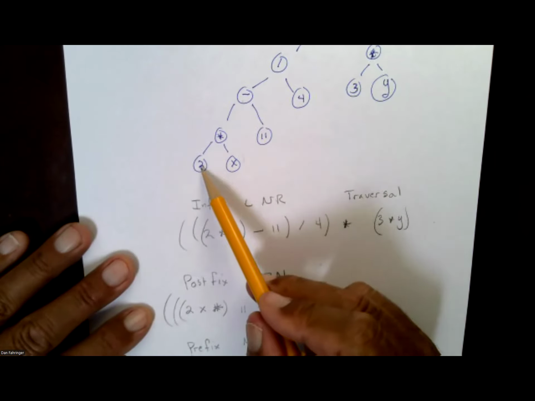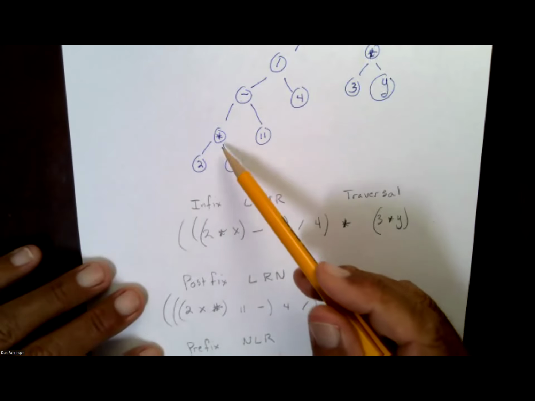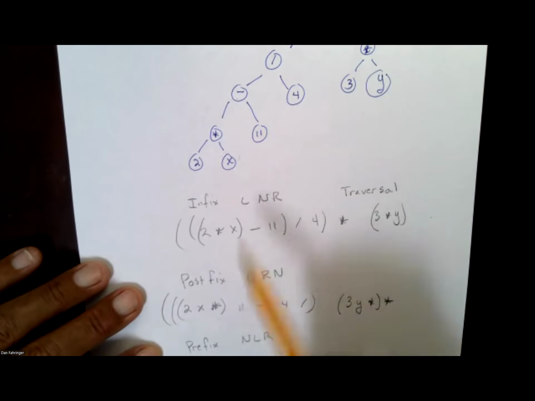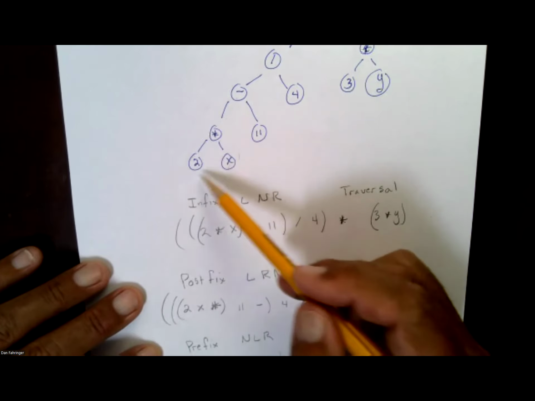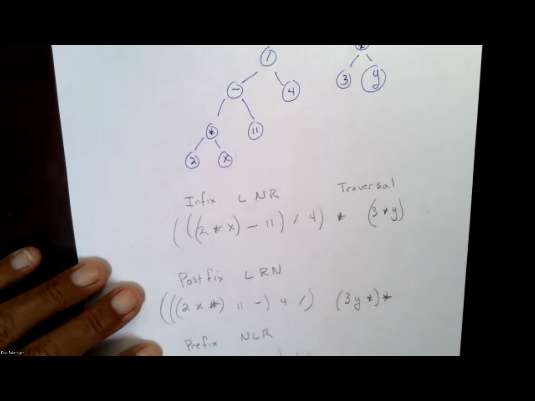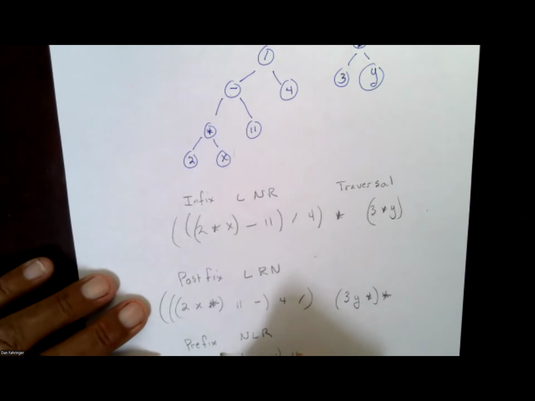So I do node left right times 2x. Then I do node, which is my left over here. There's my right, which is the 11, and then the minus.